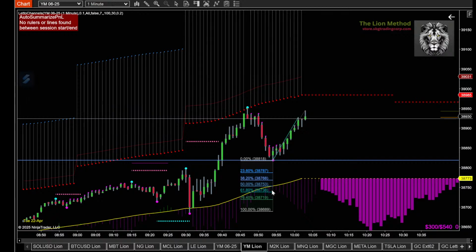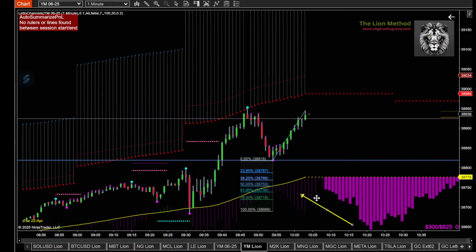So your target would be down here. The target 61 is in this area, but you do have to mind the 100. That's how I would do it. I would get out at the 100. So it's a reduced reward. The reward is only to about 30% of your risk. It's a little sharp for me. I'm going to wait for a better signal on that one.